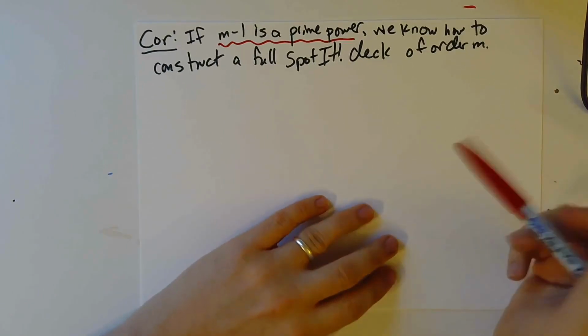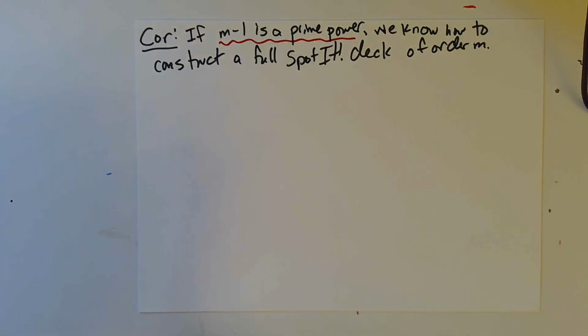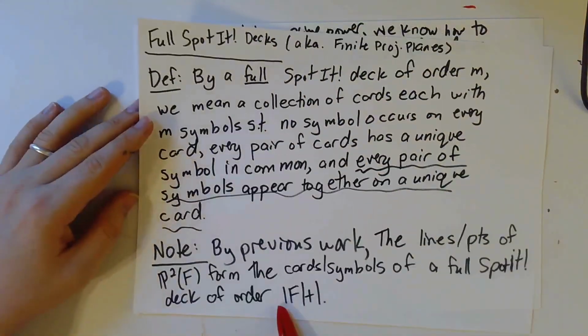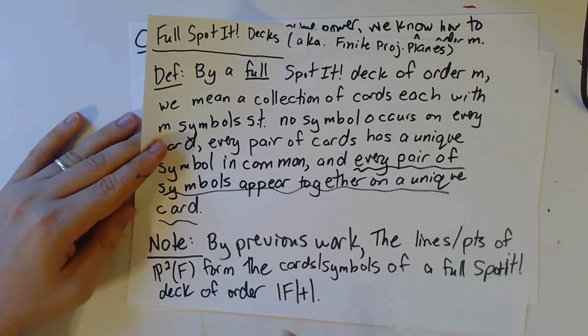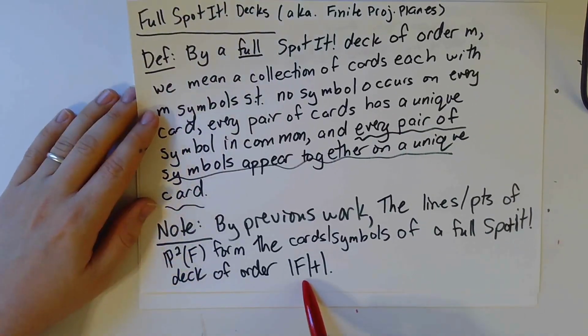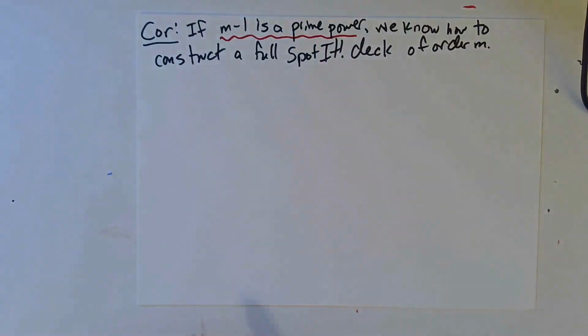It comes from the fact that in order to apply this note, we need a field with M-1 elements, and there are only finite fields of prime power order. But for every prime power, there is one. So we can make these things.